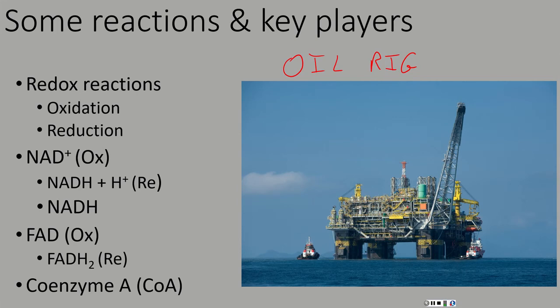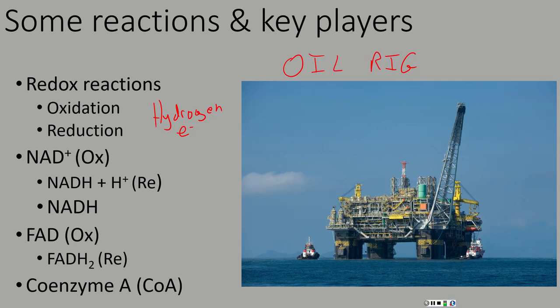So, we could kind of substitute the word hydrogen in place of the word electron. So we could say that oxidation is losing hydrogen, reduction is gaining hydrogen. Because we can see those H's. We can see where they go. And it works in biology. Not always in chemistry, but it works in biology.